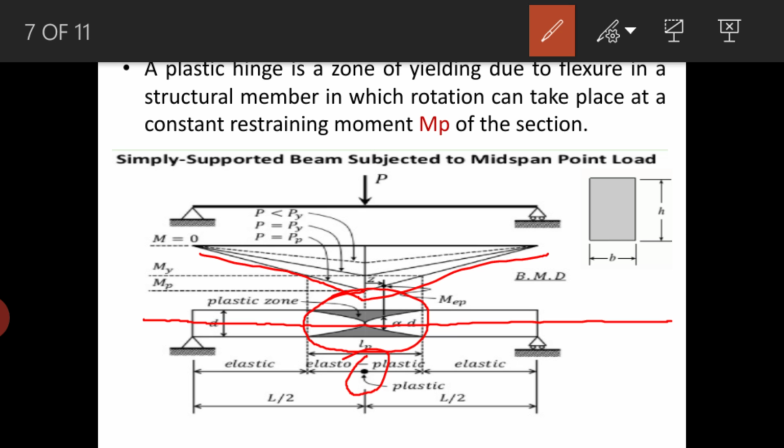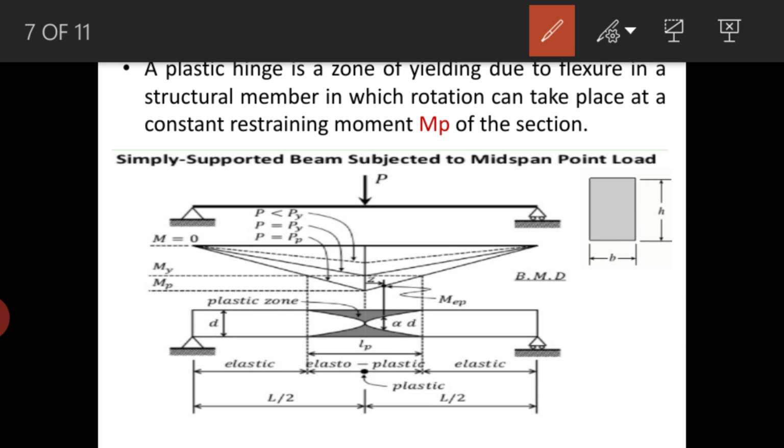Again, what do you mean by plastic hinge? A plastic hinge is a zone of yielding due to flexure. I can say a zone of yielding at this point, a zone of yielding due to flexure in a structural member. Actually, hinges do not form.